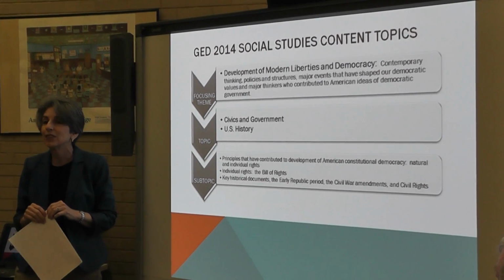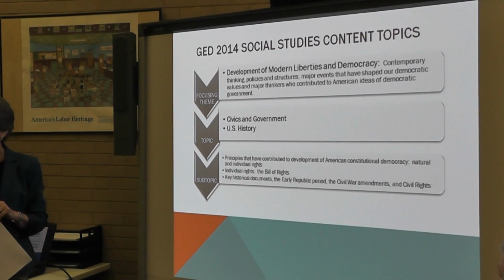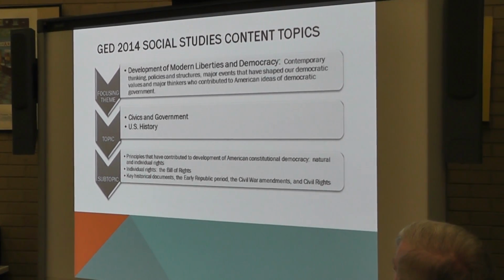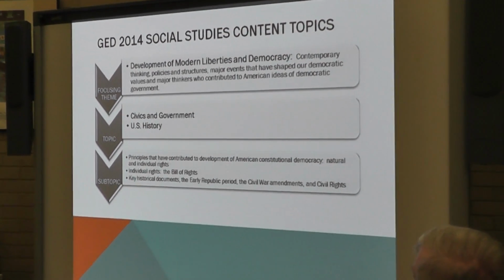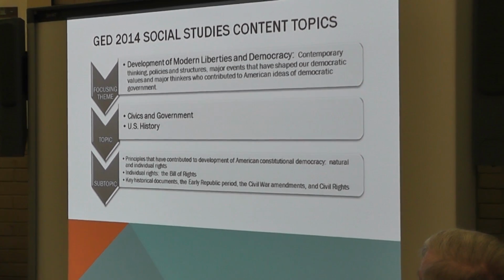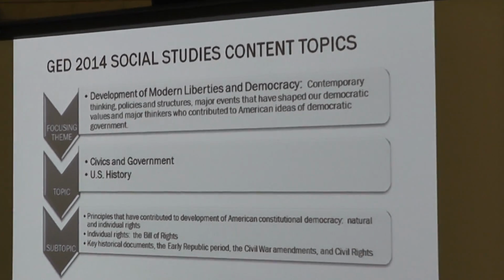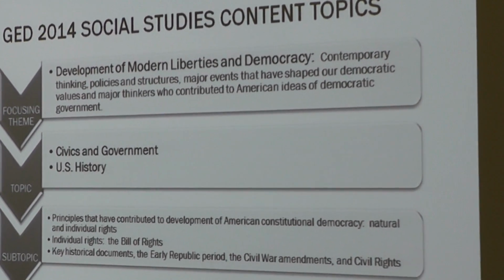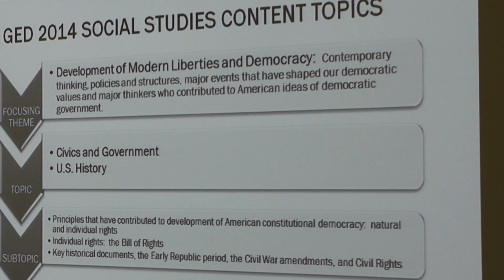The other one has to do more with economics and global migration and those issues. So the contemporary thinking, policies, and structures, major events that have shaped our democratic values, and the major thinkers who contributed to American ideas of democratic government.